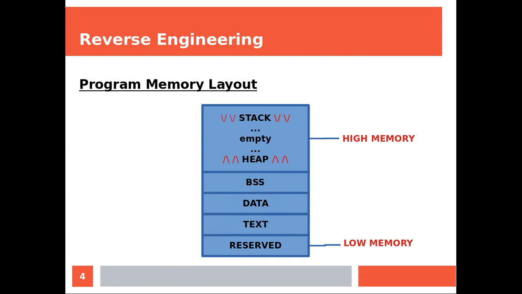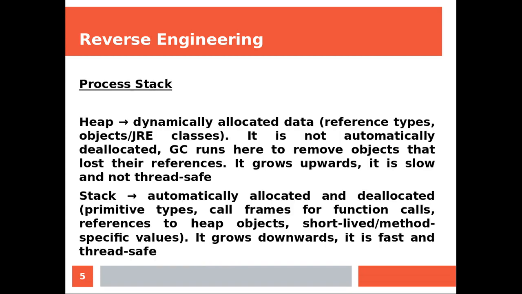Let's grab more information about stack and heap. The heap is for dynamically allocated data, reference types, objects, JRE classes, and so on. It is not automatically deallocated. The garbage collector runs here to remove objects that lost their references.